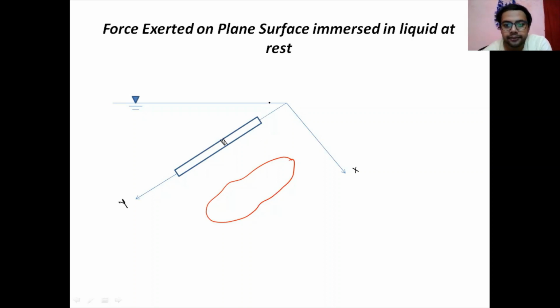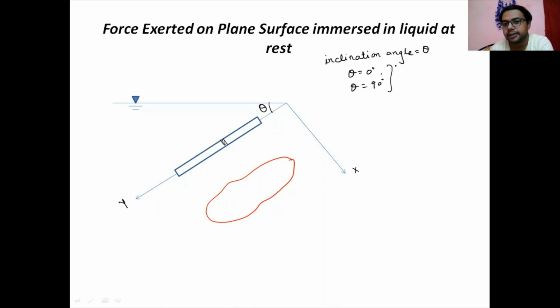And this plane surface is at theta degree angle, the inclination angle is theta. If the plane surface is horizontal, the theta value will become 0. If the plane surface is vertical, the theta value will become 90.